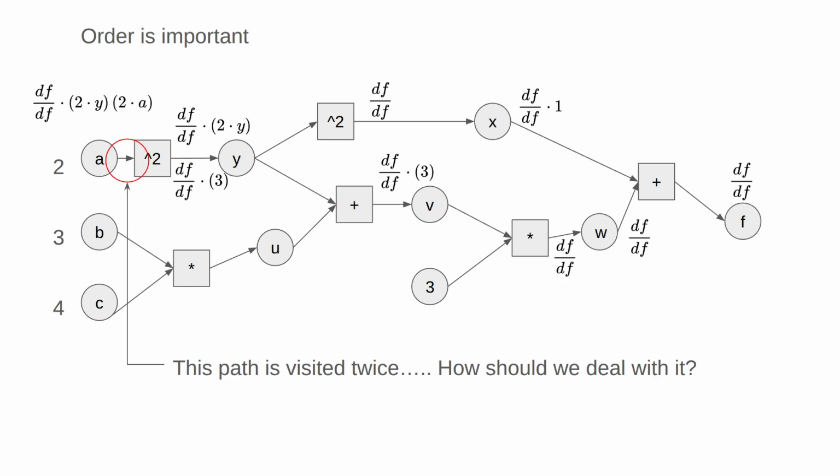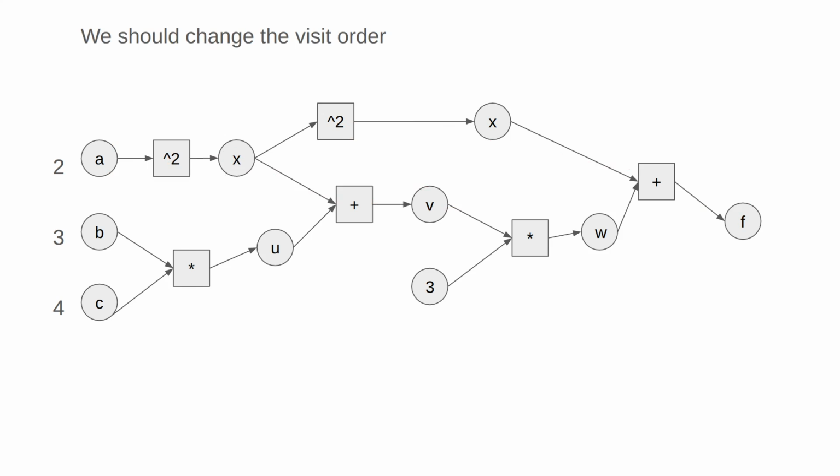And in this situation, actually, we need to decide the visit order of the computational graph. So for example, here, we need to do these two first. And then we do this one, which will be the second generation, and these two will be the third generation.